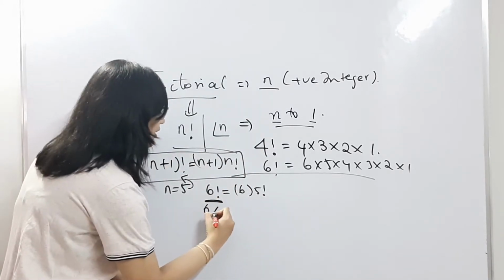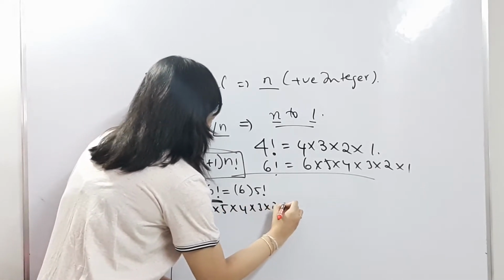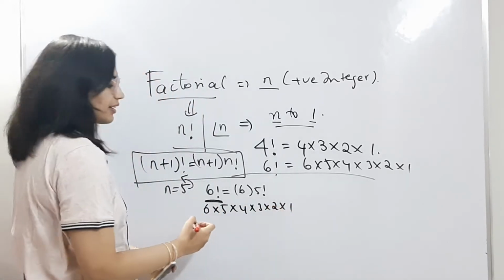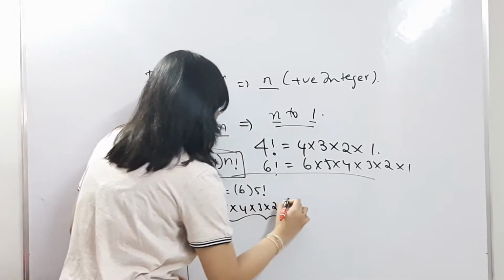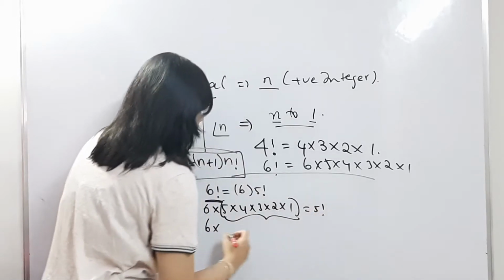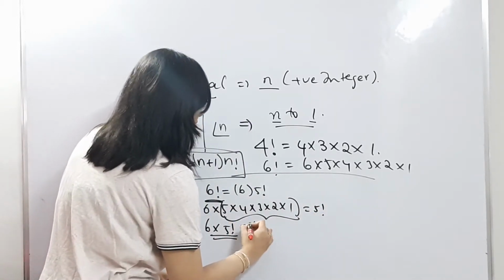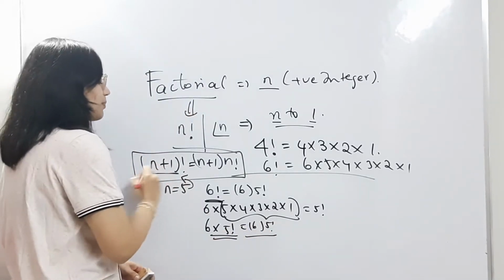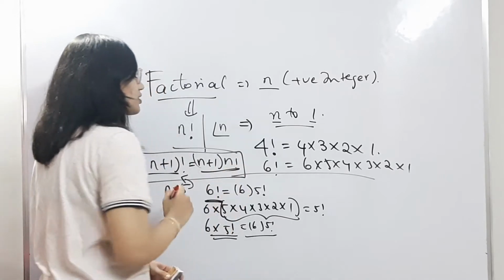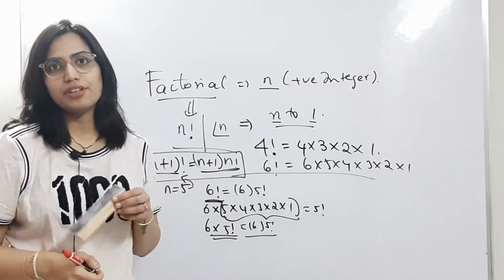So can you not write this as 5 into 4 into 3 into 2 into 1? This is nothing but 5 factorial. So 6 into 5 factorial is nothing but 6 factorial. So we can prove that n plus 1 factorial is nothing but n plus 1 into n factorial.